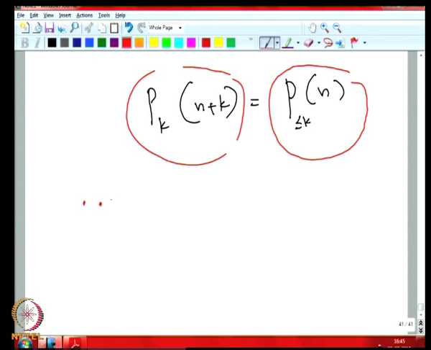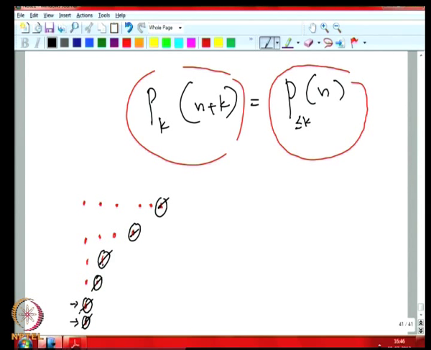So, if you have a partition of n plus k, say something like this, and it has exactly k parts, that means the number of rows is equal to k. Now, what you can do is we remove one from here, one from here, one from each row. Some of the lowest rows may contain only one, so we will just remove them like this.